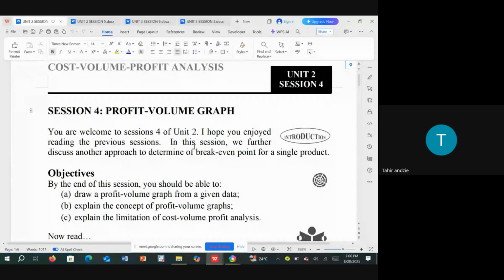It has that limitation, and this limitation is overcome by the profit volume chart, because we are even looking at the cost volume profit. So we are looking at what happens to the profits when you take cost from the sales, and how we draw this on the break-even chart.